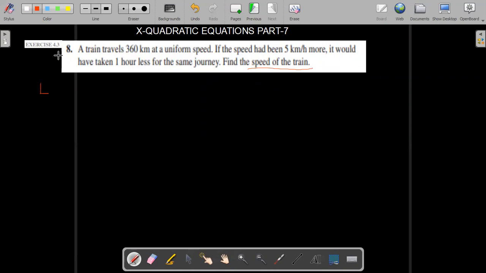Whatever we have to find out, we have to let that be the uniform speed. So you should read the last point first. What you have to find out will be the starting and supposing point. So let x kilometers per hour be the uniform speed of the train.